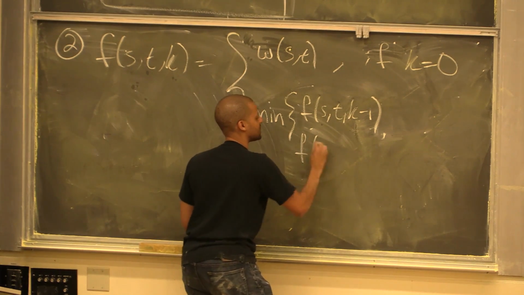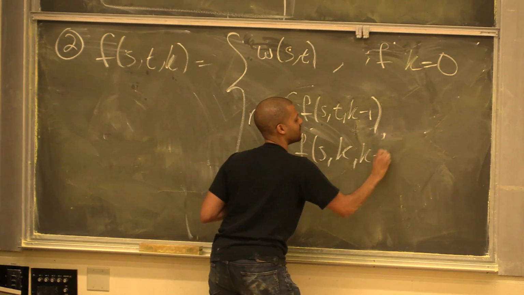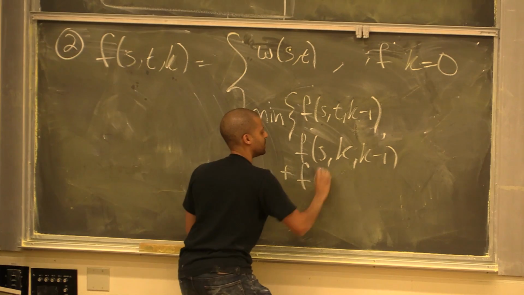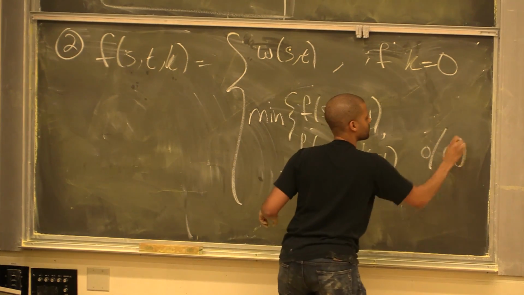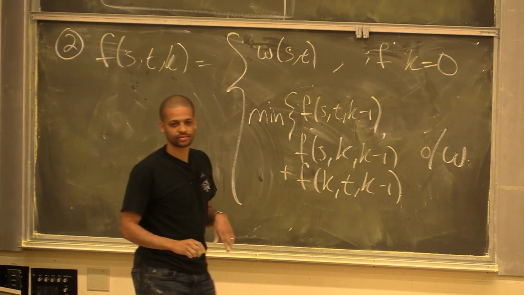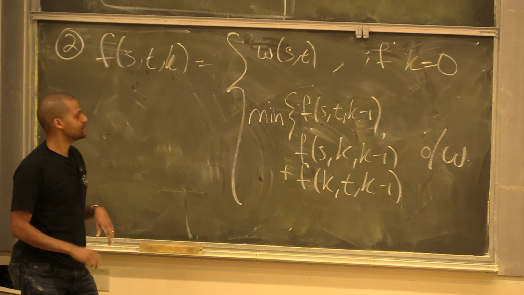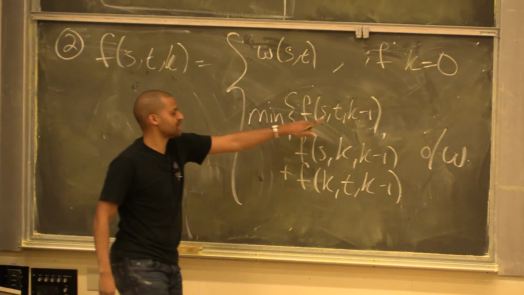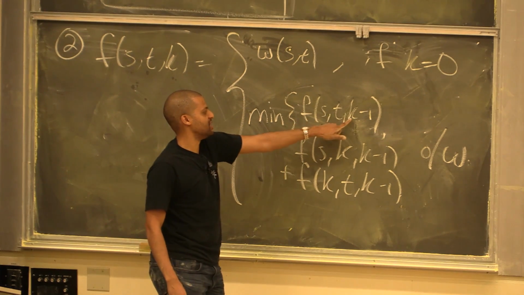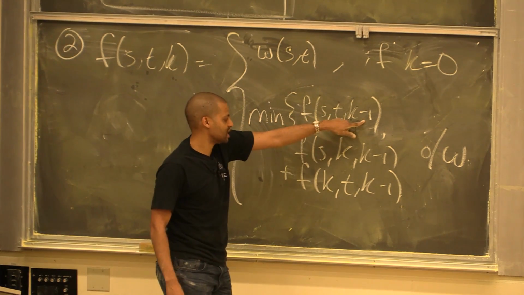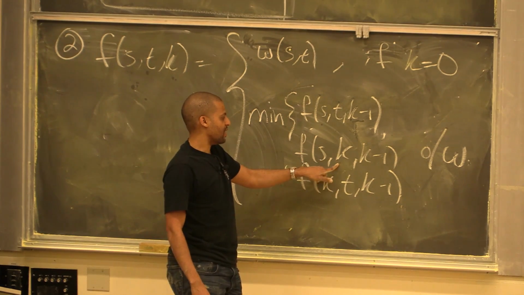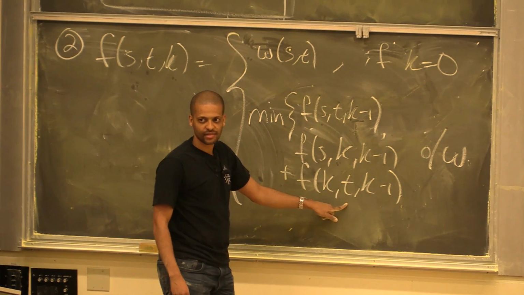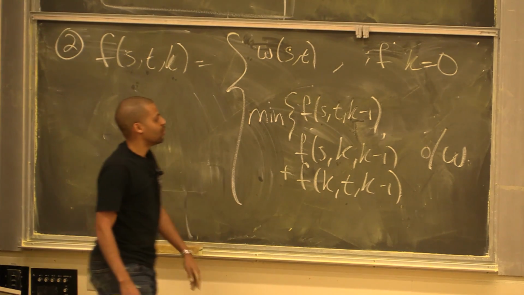So f of s, k, k minus 1 plus f of k, t, k minus 1, otherwise. Right? So I can either choose to use k as one of my intermediate vertices or not. If I don't, this is not using k. And if I do, that means at some point I go to k, and then from k I go to t. And that's it.